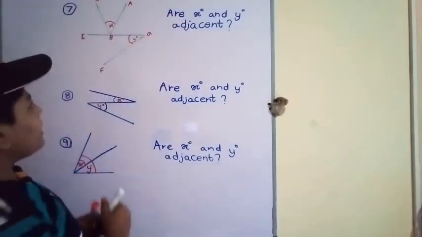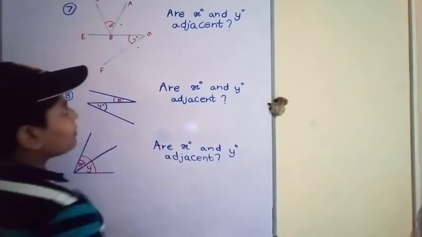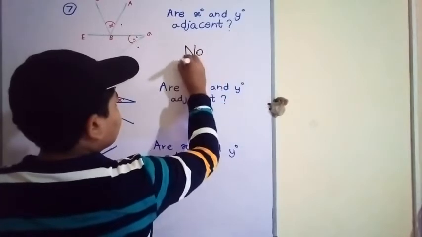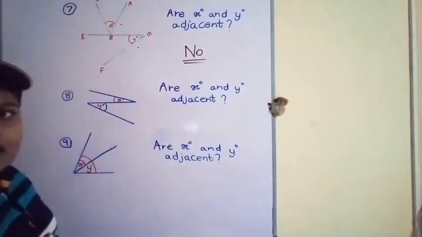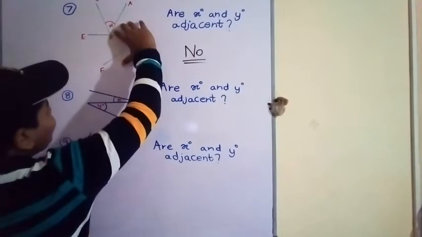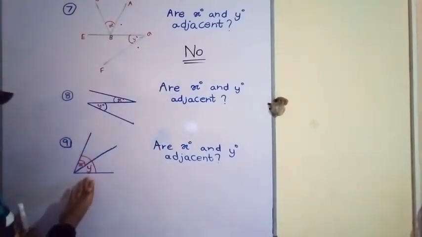Are X and Y adjacent? These are the X, Y. Are they adjacent? No. Why? You can observe clearly the X and Y are not adjacent to each other like this.